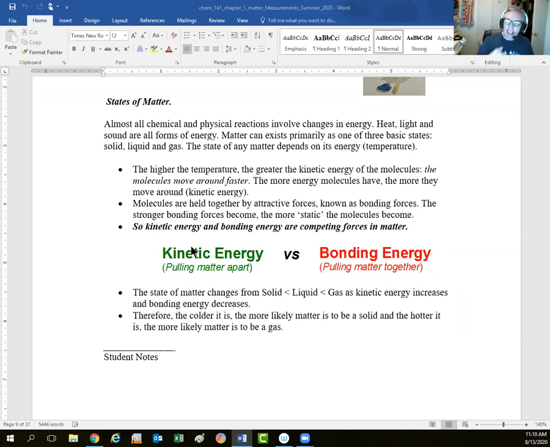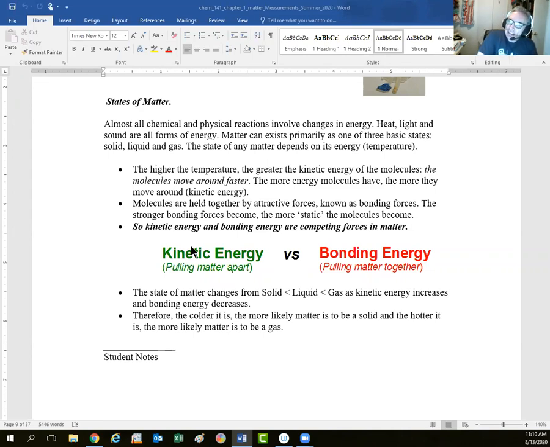And of course, that kinetic energy is trying to make matter fly apart, trying to create the most chaotic state of matter, which is the gas state. The gas state is where the molecules have the most kinetic energy, and it's the most random state of matter. Everybody's flying about, whizzing around at 3,000 miles per hour or faster, moving in random directions.